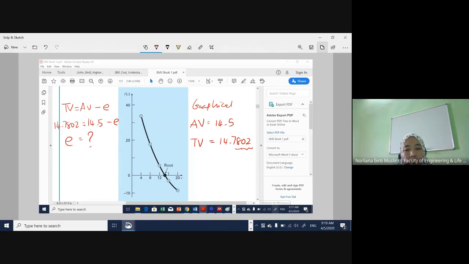We call this the error for this calculation. The approximation value is the one that we obtain using the graphical method. The true value is the exact value.